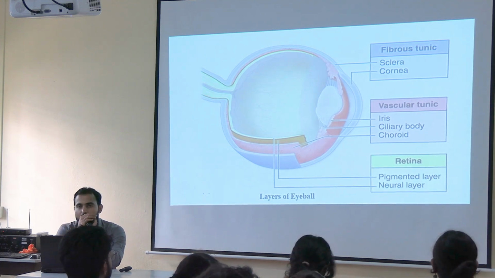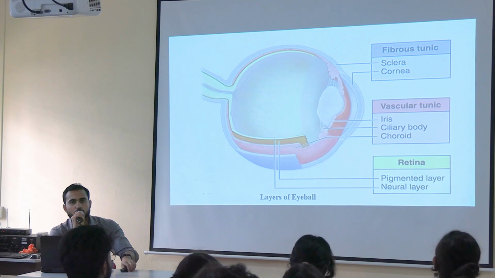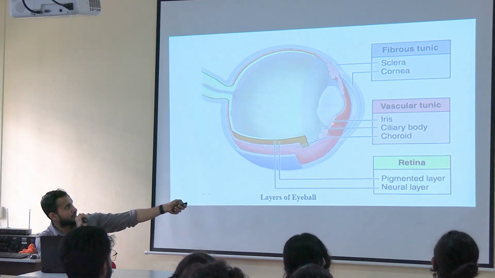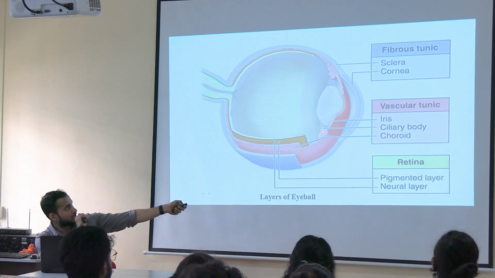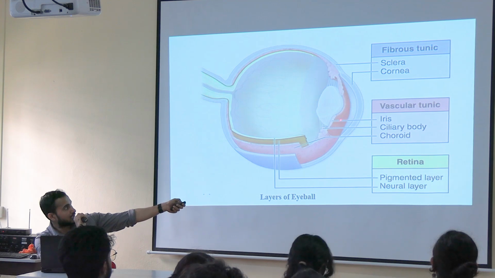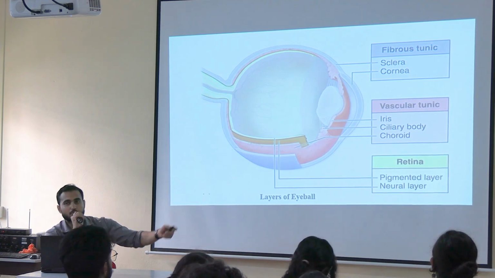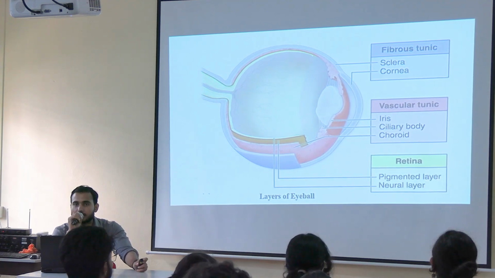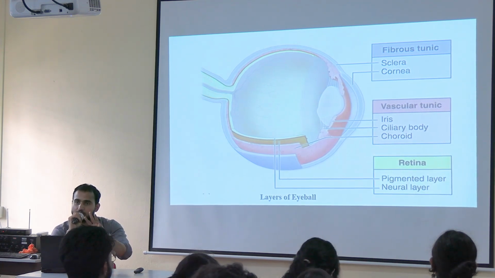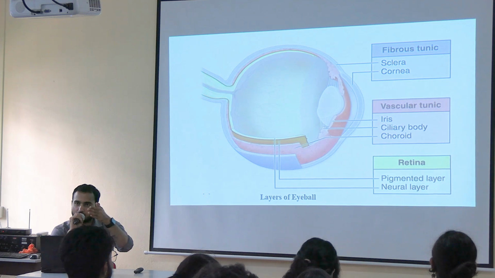Next, can you see the vascular coat? In the vascular coat, what can you see? First of all, you can see the iris, then the ciliary body, and then the choroid. So these are the components which make up the vascular layer. Here also it is the same, जो vascular layer है उसमें component तीन रहता है, but they are in the same layer.